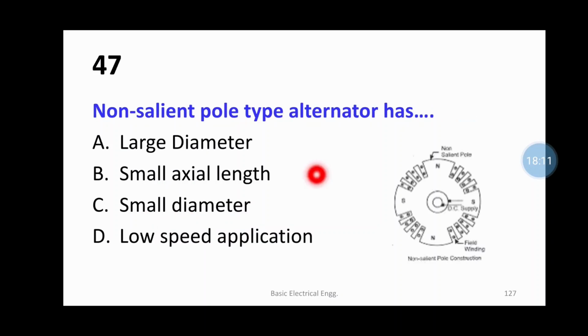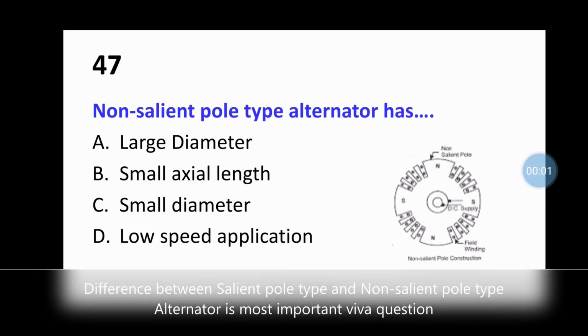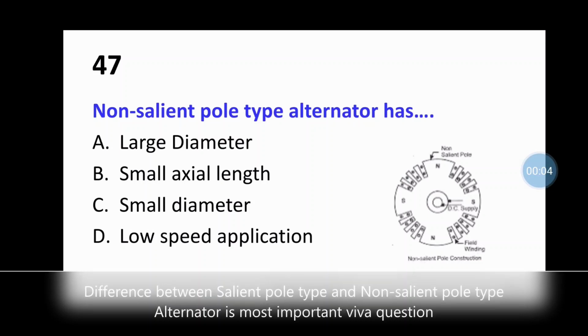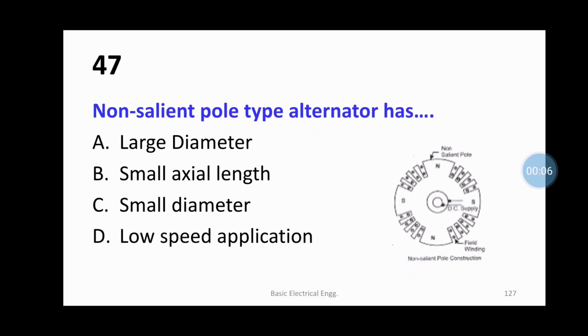Question number 47. Non-salient pole type alternator has, which is the right answer? Salient pole we already discussed: large diameter and small axial length. In case of non-salient pole type alternator, we cannot see the projecting poles, and it has a small diameter instead of large diameter.